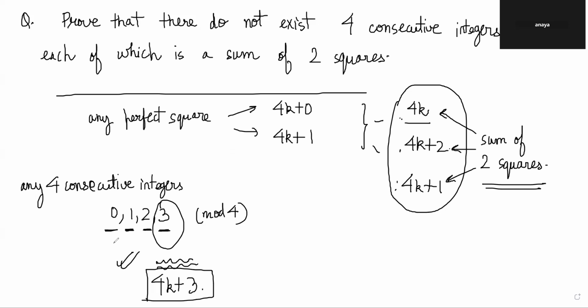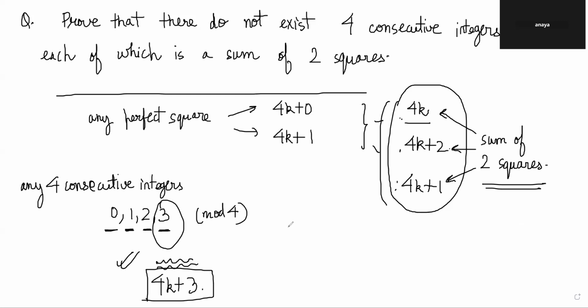However, if you had a question where you want triples, three integers each of which is a sum of two squares, then there are infinite possibilities. Because triples will fit this, right? So actually for triples, you can construct many different triples.